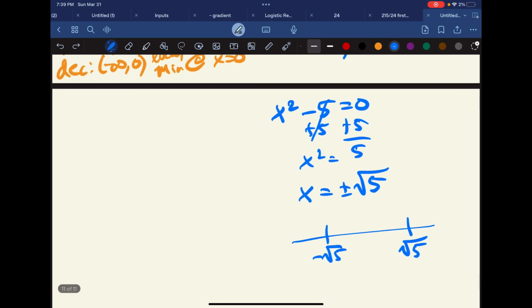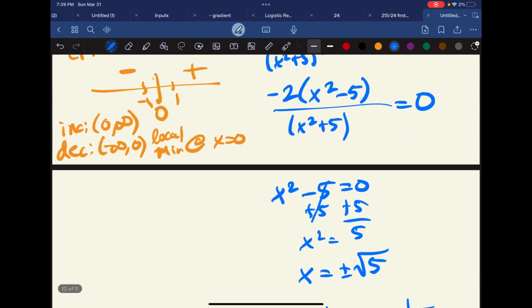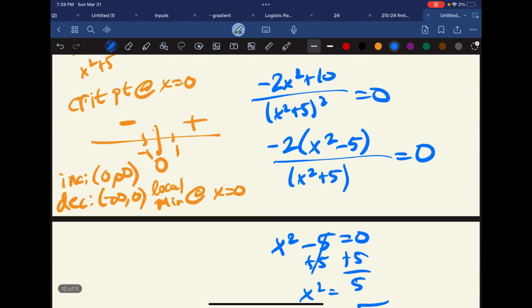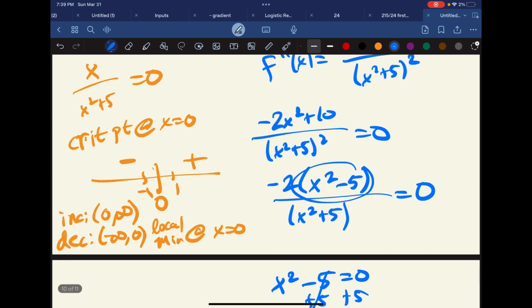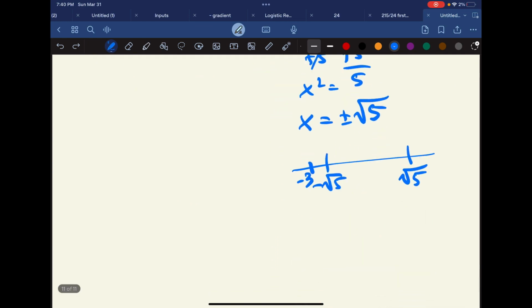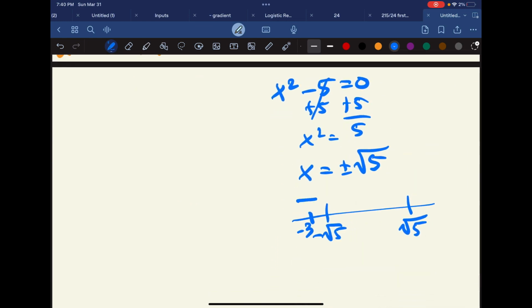So then we plug in something to the left of negative square root 5. Negative square root 5 is a little more than 2, so let's plug in -3. If we plug in -3, that's 9 minus 5 times -2, so that's going to be negative, and our denominator is always positive.